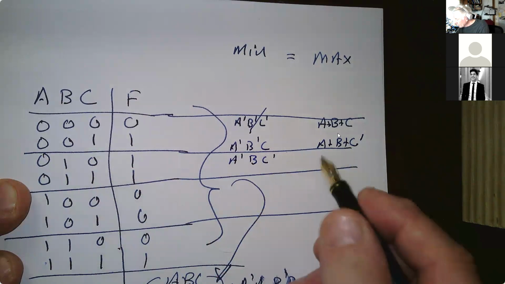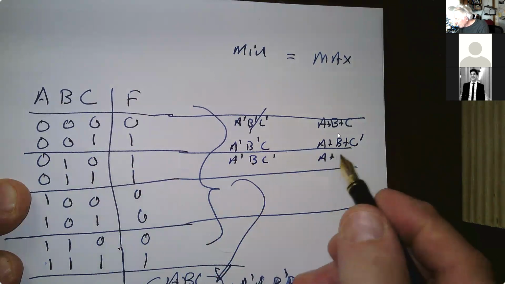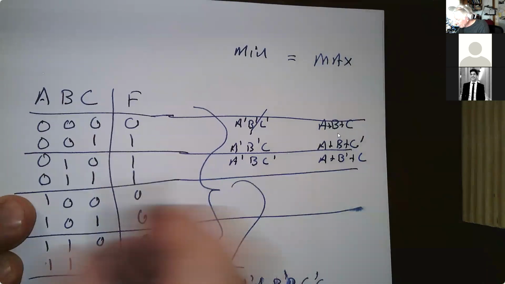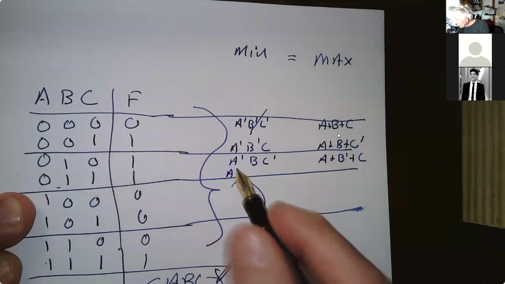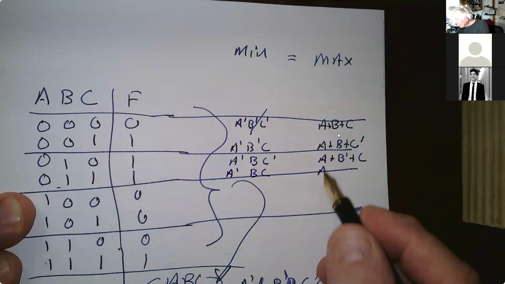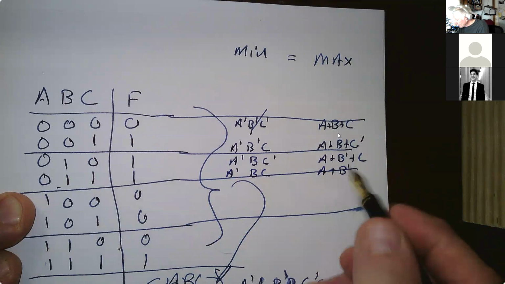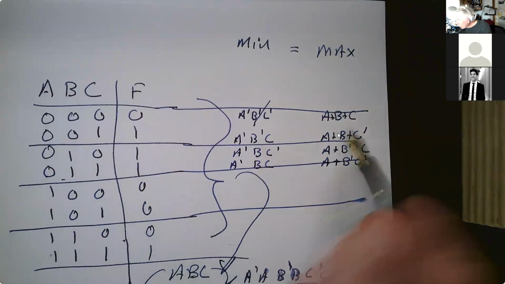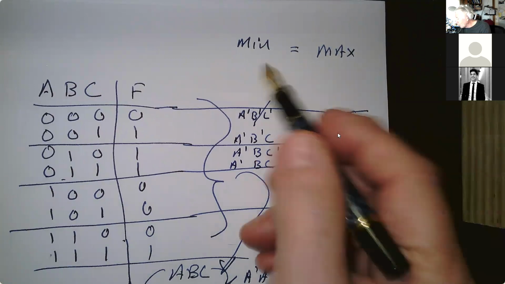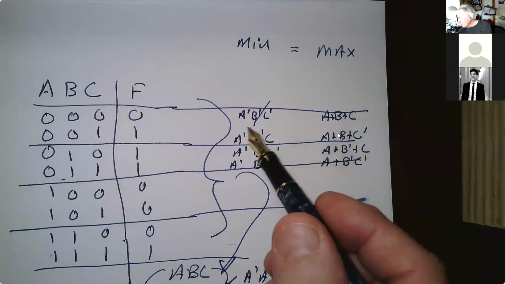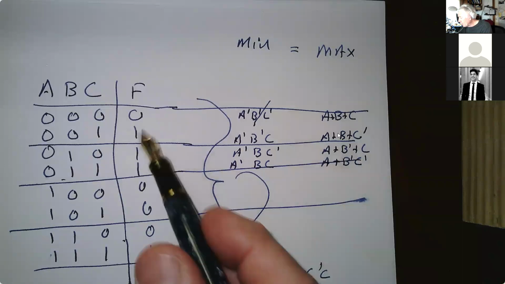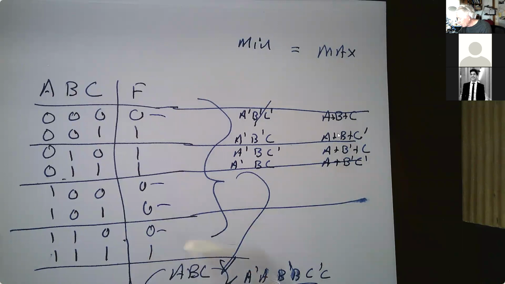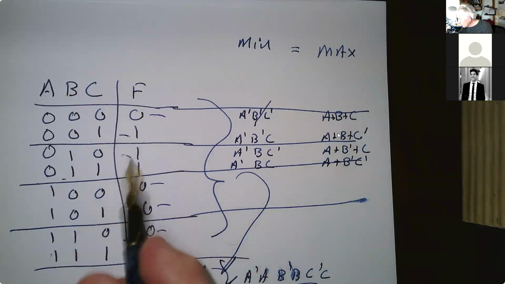And here the max term would be A plus B prime plus C. And here would be A prime, B, C. And here would be A plus B prime, C prime, and so forth. You can see these terms are always the opposite of each other, but the solutions are always equal because if we're picking the max terms, we pick them from this row, this row, this row, and this row. If we're doing the min terms, we pick from these rows.